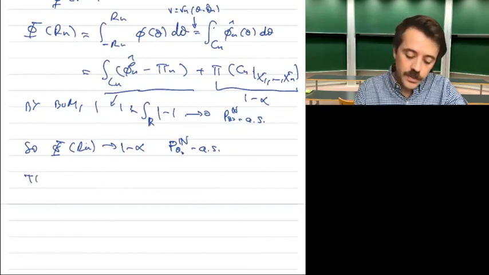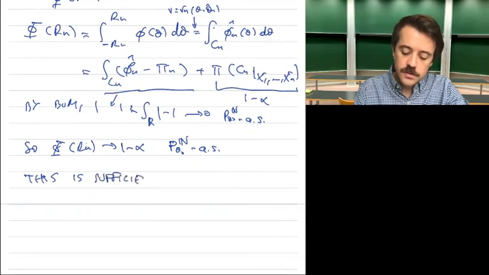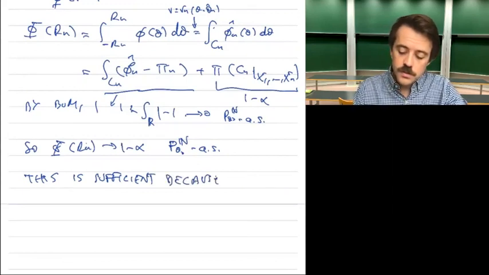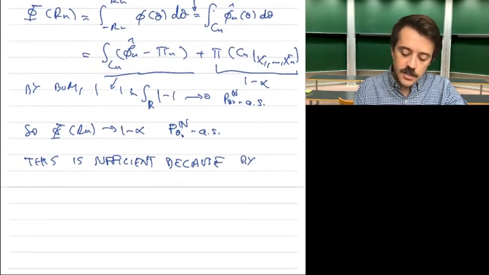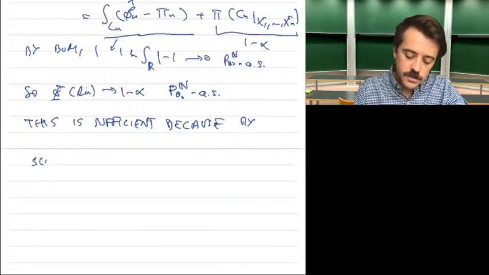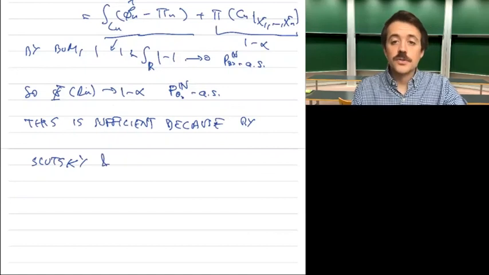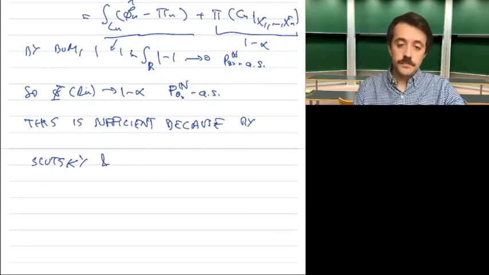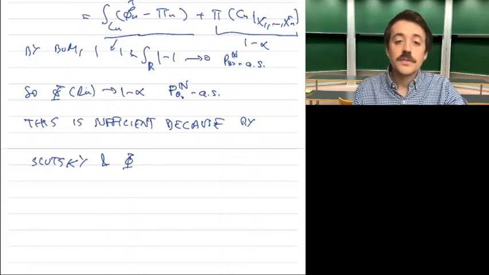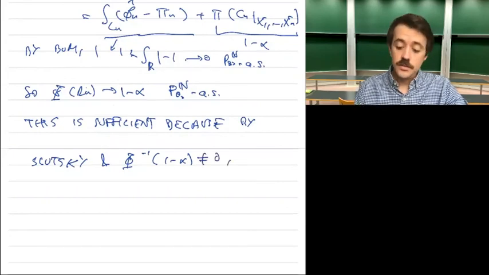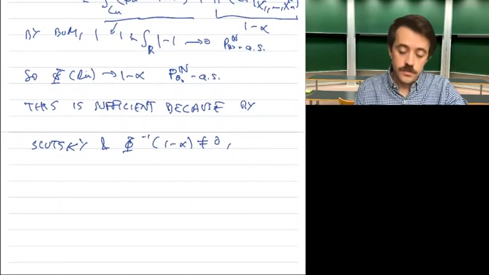So this is sufficient because by Slutsky and also by the fact that this quantity is distinct from 0, then we have that this, and why am I writing this?